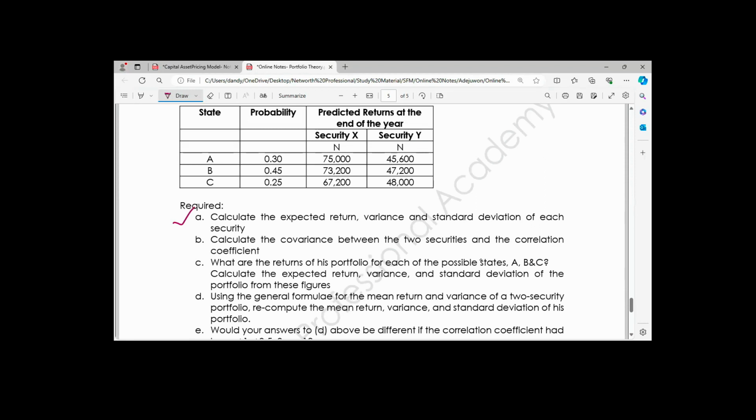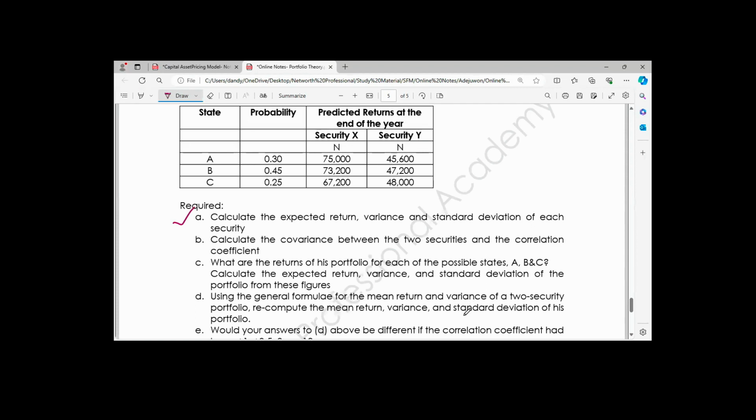When you talk about covariance between securities, it's simply the linear relationship that exists between two variables. Since you need covariance to calculate correlation coefficients, as far as B is concerned, the examiner wants you to calculate covariance between securities.